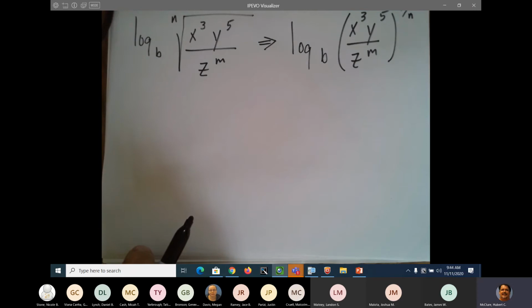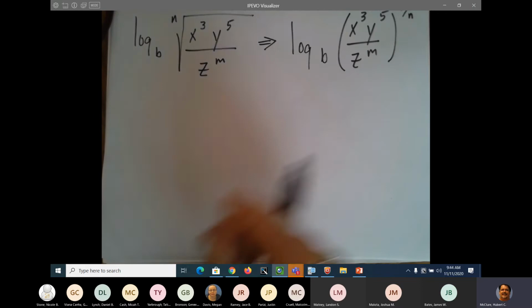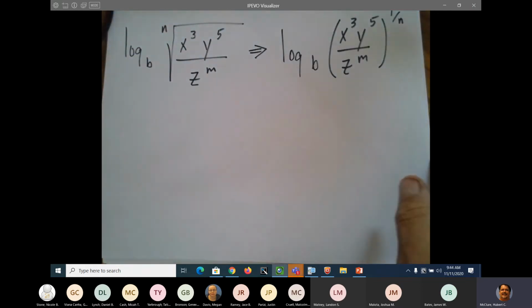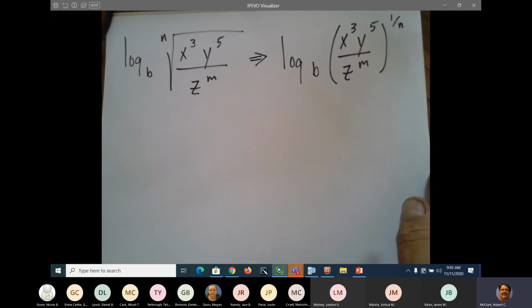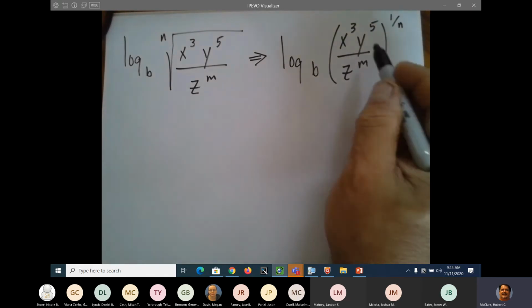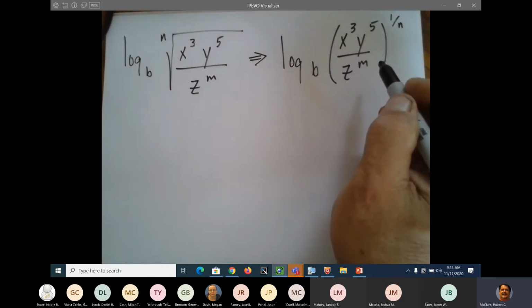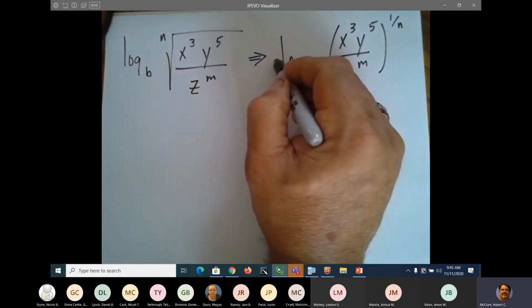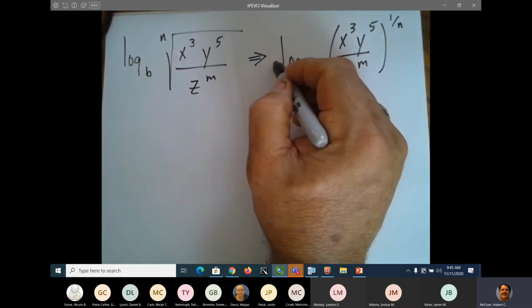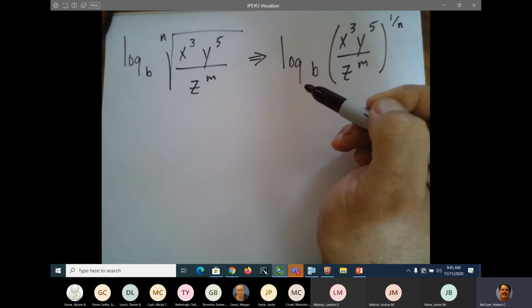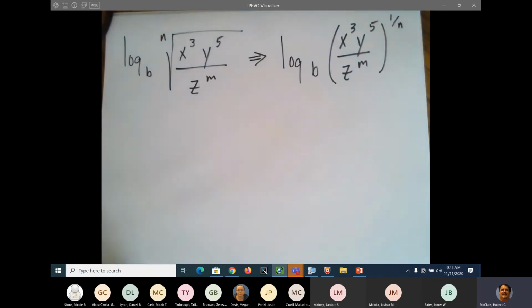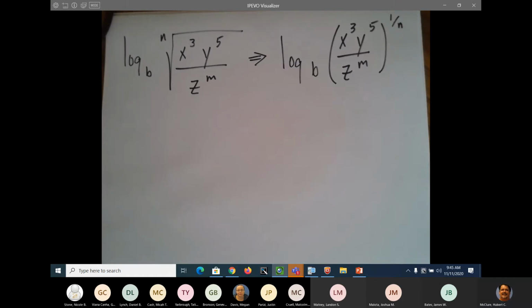And I can now distribute that 1 over n. I can distribute that with each of these using my power rule of exponents. Or I can bring this out to the front using my power rule of logarithms. It doesn't matter which one you use, as long as you use one of them. Okay?